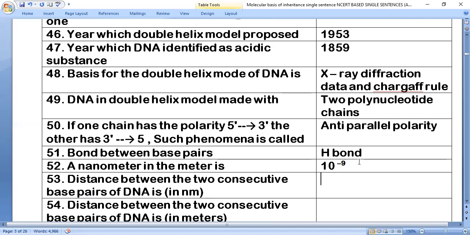Distance between two consecutive base pairs of DNA in nanometers is 0.34 nm. Distance between two consecutive base pairs of DNA in meters is 0.34 into 10 to the power of minus 9 meters.